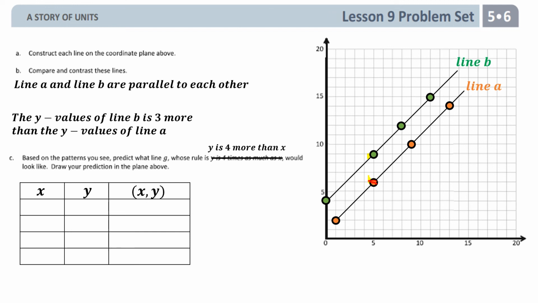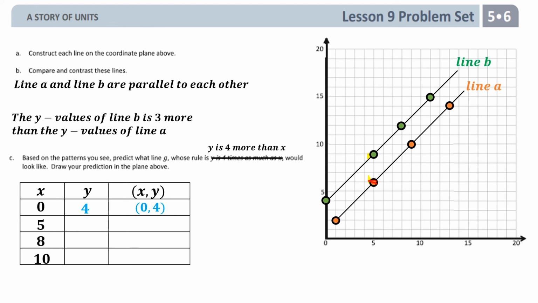And I'm going to pick the same x coordinates as we did for line B. So 0, 5, 8, and 10 are the x coordinates, and I'm going to use the rule y is 4 more than x to get the y coordinates. So 4 more than 0 is 4, giving 0, 4.